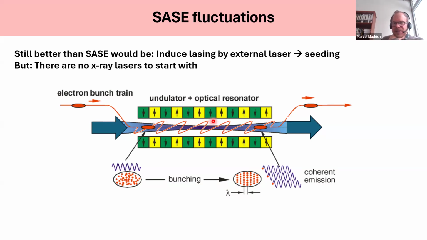But so far as I know, this has not been very successful. The main reason is that these high harmonic pulses are just so weak that they are not efficient in actually seeding the FEL activity. With high harmonic generation, typically we're talking about nanojoule or even sub-nanojoule pulse energy, so very, very weak pulses that are just not strong enough to start the FEL process.